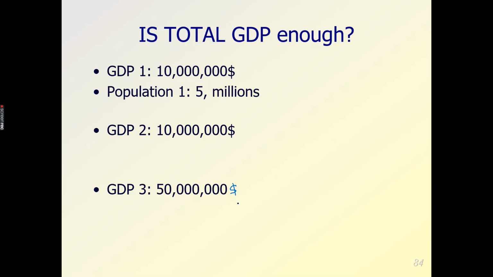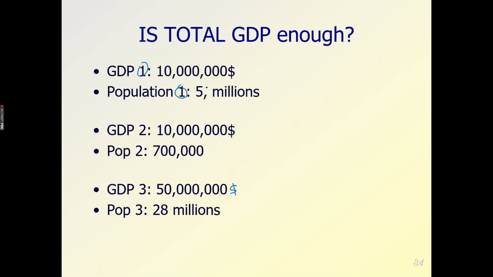Now, what if we put more data here? Let's put population, because the amount of money in general is just telling us the country itself is producing a lot of money, but actually people are the ones who are producing money. So if we divide the GDP produced by the population of each country, now we have a different situation. Let's say in country 1, the population was 5 million.